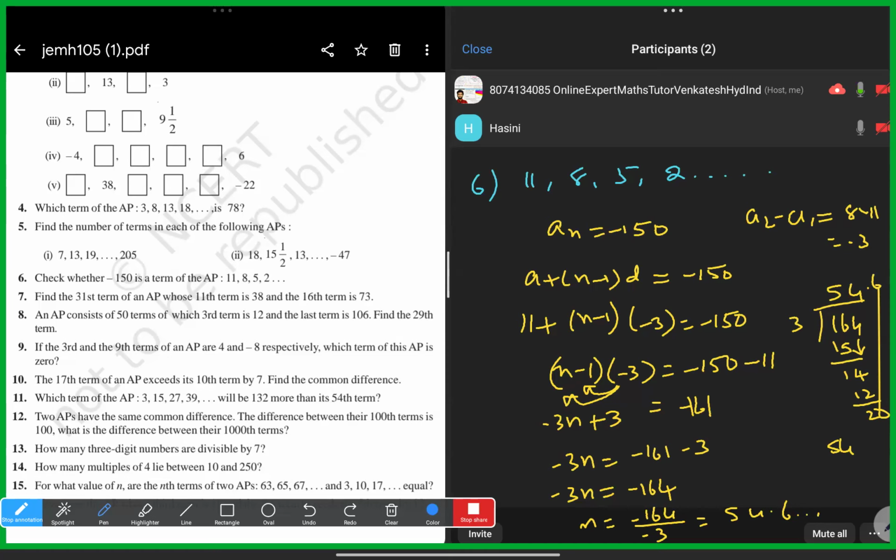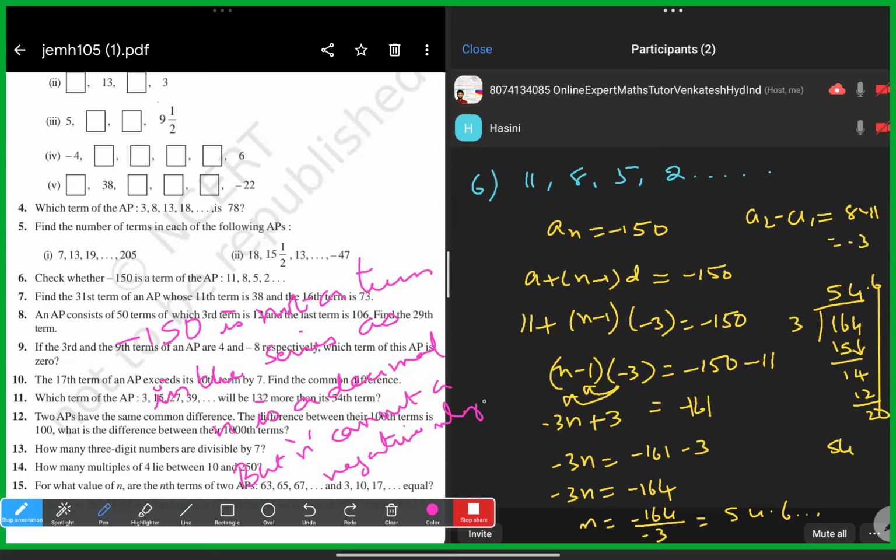Okay. So here, since we should write finally, minus 150 is not a term in the series as n is a decimal, but n cannot be a negative integer or a decimal or a fraction.